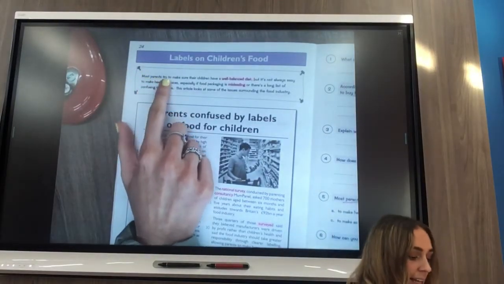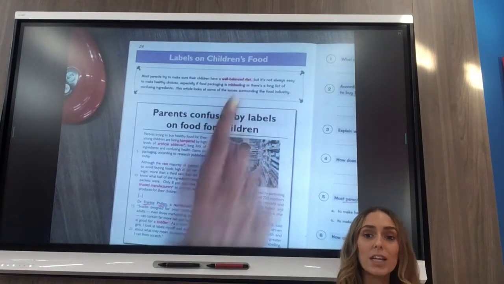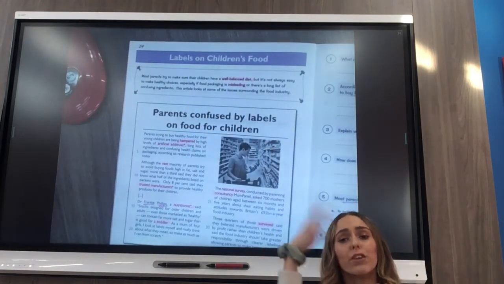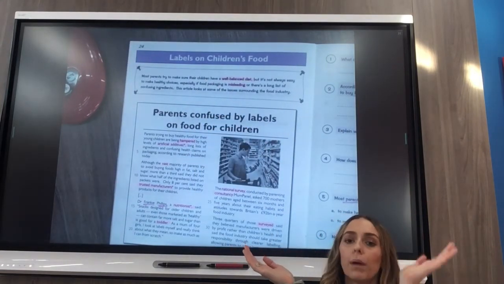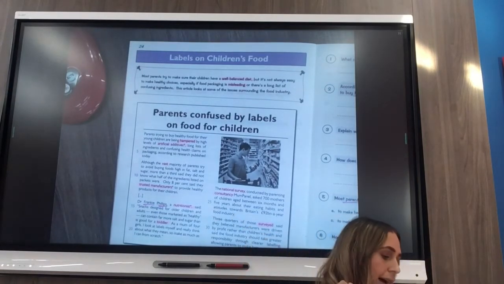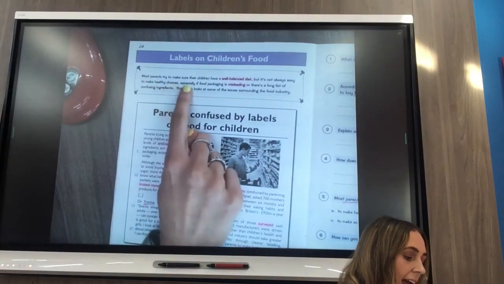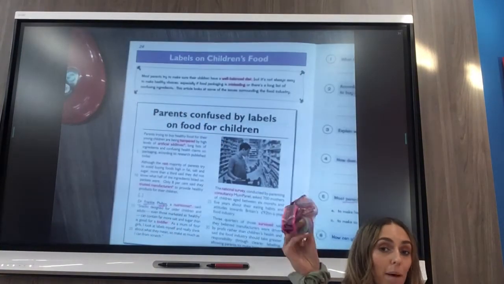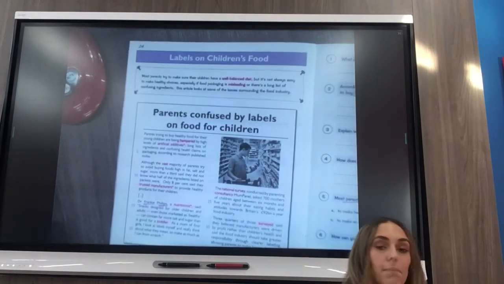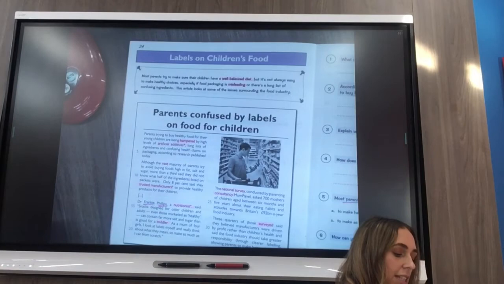Most parents try to make sure their children have a well-balanced diet. And we know a well-balanced diet means that you have a good balance of sugar and a good balance of nutrients, like healthy things as well, don't we? We need a good balance. But it's not always easy to make healthy choices, especially if food packaging is misleading or there's a long list of confusing ingredients.